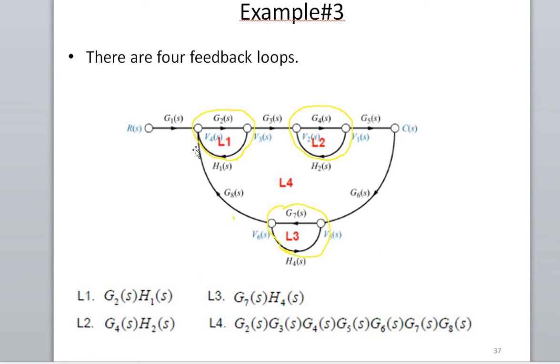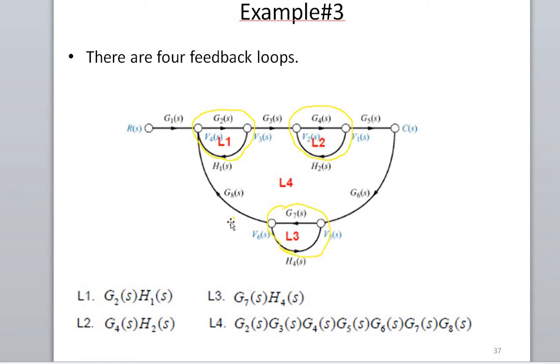If you closely check, there is again another loop that starts from here and goes through G2(s), G3(s), G4(s), G5(s), and when it reaches this point, it returns through the paths G6(s), G7(s), and again reaches the same node V4.